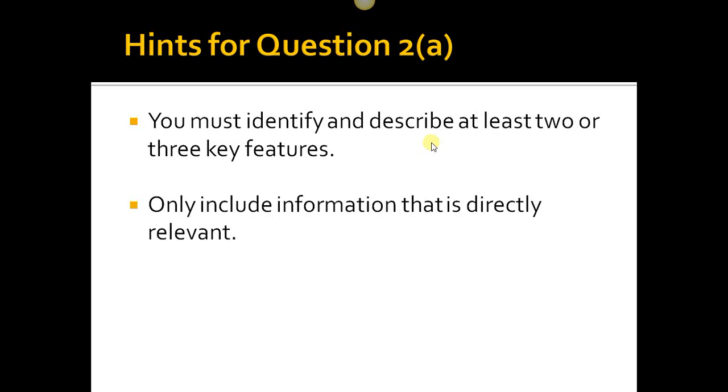So, only include information that is directly relevant. Please don't go off on a tangent and start mentioning Hitler's foreign policy or perhaps the Treaty of Versailles. It's not needed. Stick to the role of women there, and that is really quality answers you are given rather than ramblings, and you really are wasting your time on that question by just mentioning general facts about the Nazi regime.